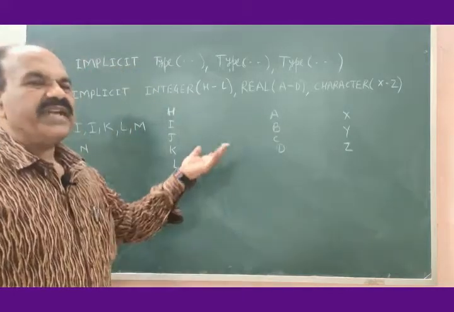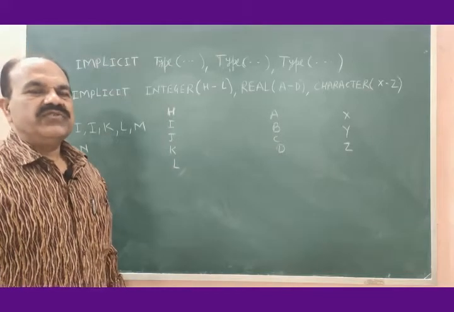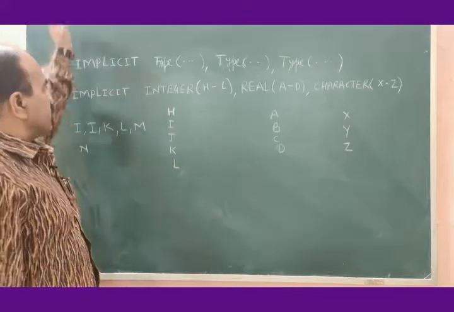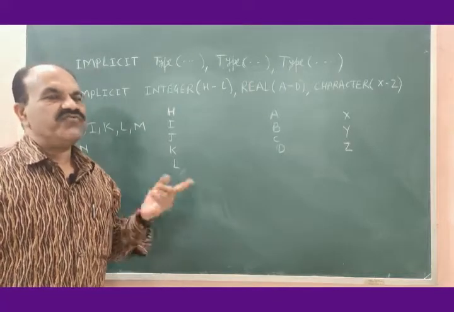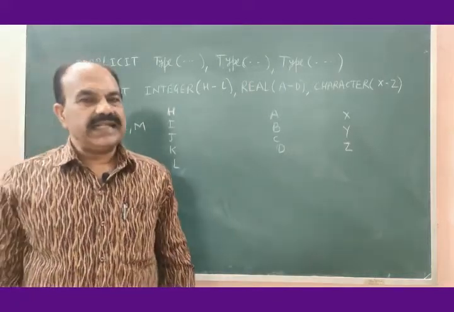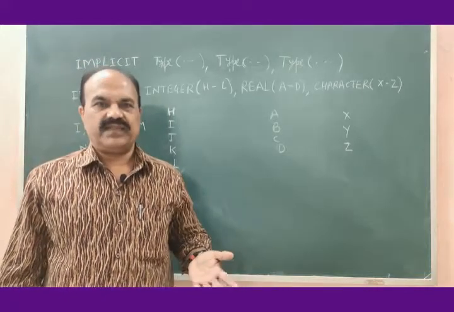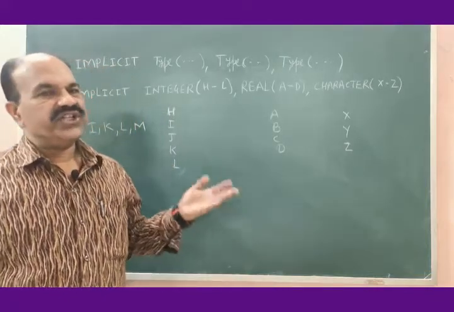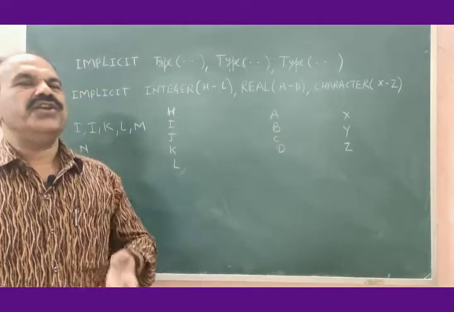We can have so many examples for declaration of various types of variables by using the implicit statement. This is one more way of declaration of variables in Fortran. This is what I wanted to add in the last article, variables in Fortran.